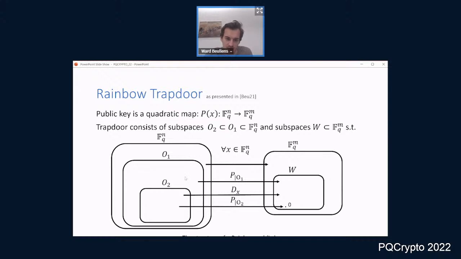First you solve for a correction term in O1 that makes your image correct up to some vector in W. After that, you solve another linear system to get a correction term in O2, such that you have an exact pre-image. So it's kind of 2 steps of oil and vinegar. If you're interested in this, you should read the paper.